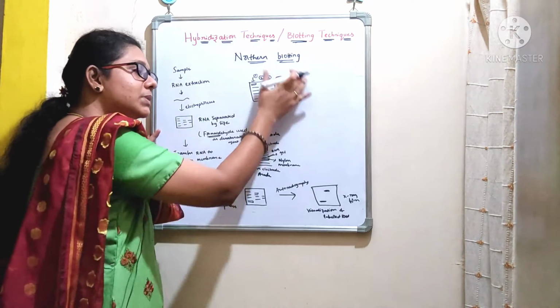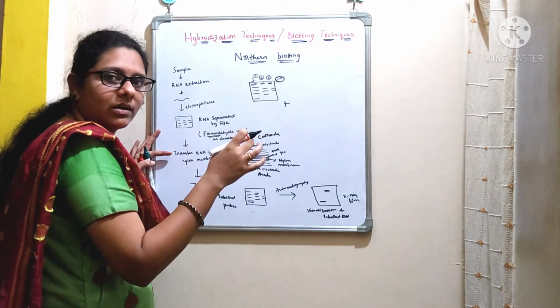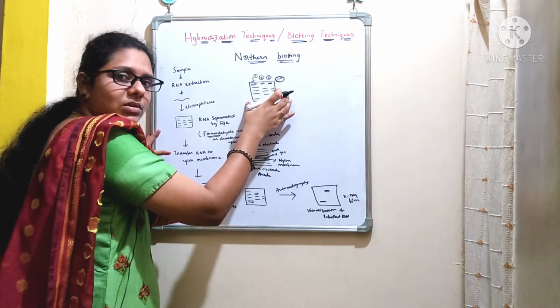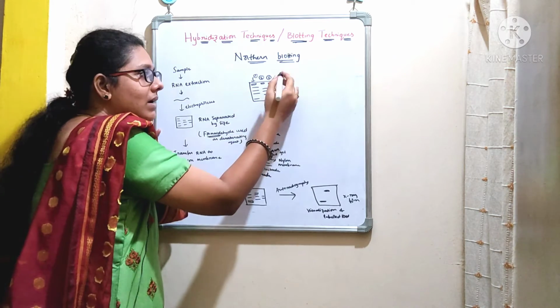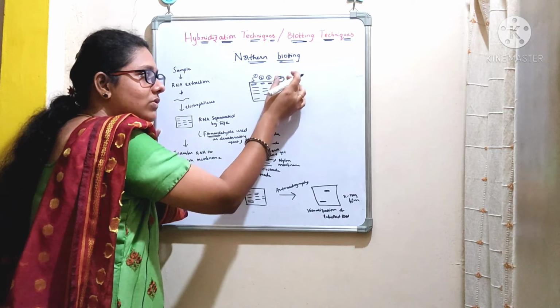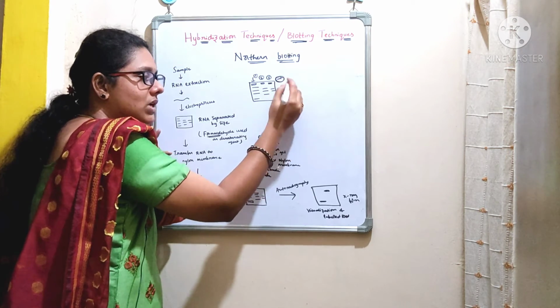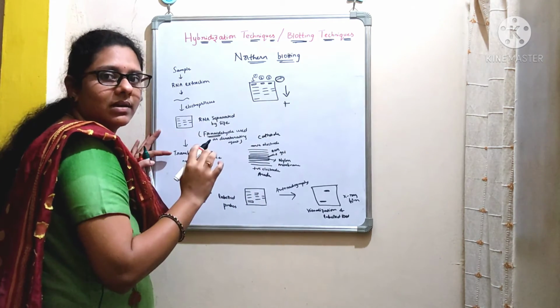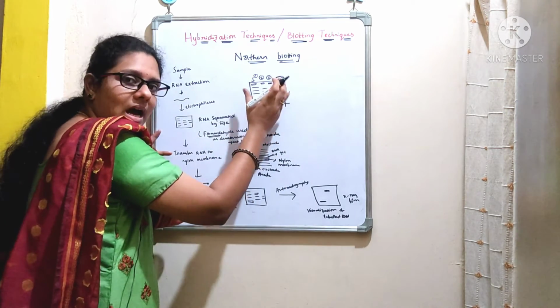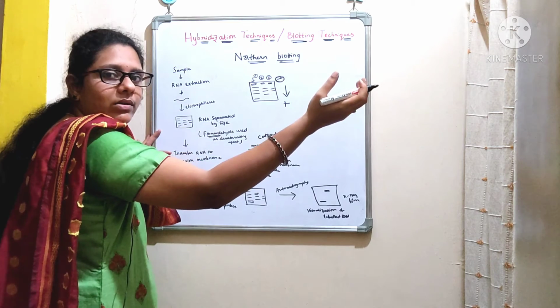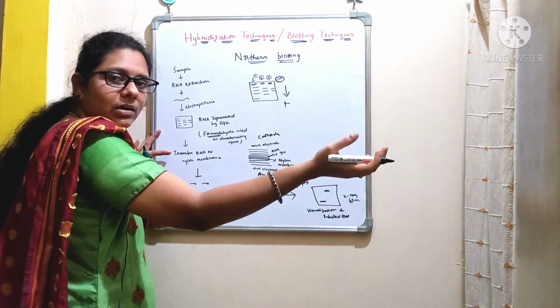That is the same principle we applied in the technique of electrophoresis, right? In the gel also we are going to apply the electric field, and the RNA which is carrying the negative charge will move towards the positive charge. So this is the direction of migration. So here again we are going to transfer this RNA from the gel onto a nitrocellulose membrane or a nylon membrane.